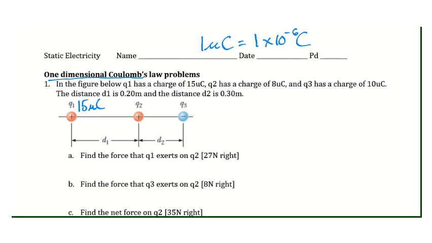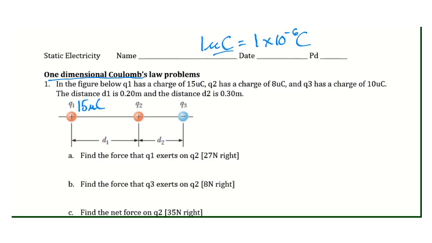That's a very appropriate, common size, the microcoulomb for point charges. So you definitely want to make sure that you know that a microcoulomb means times 10 to the negative 6. You should recognize that abbreviation for the prefix is the Greek letter mu, which of course you remember from coefficient of friction.